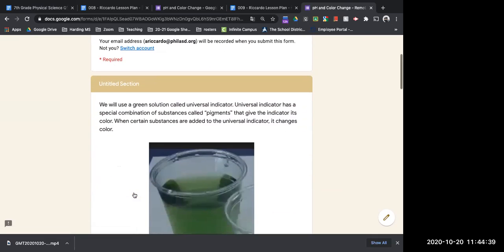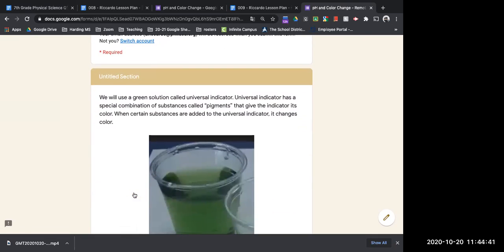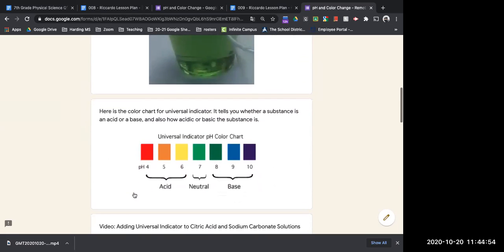We're going to use a green solution called universal indicator. Universal indicator is a special combination of substances called pigments, colors that give the indicator its color. When certain substances are added to the universal indicator, it changes color. Here's the color chart for your universal indicator. It tells you whether a substance is an acid or a base, and also how acidic or basic the substance is.